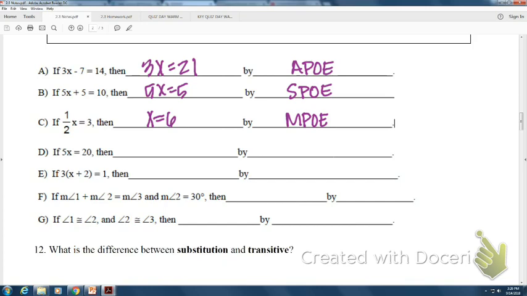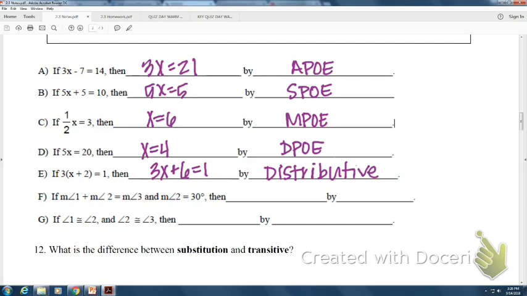D: if 5x equals 20, then by. E: if 3 parentheses x plus 2 equals 1, then by. Very good.